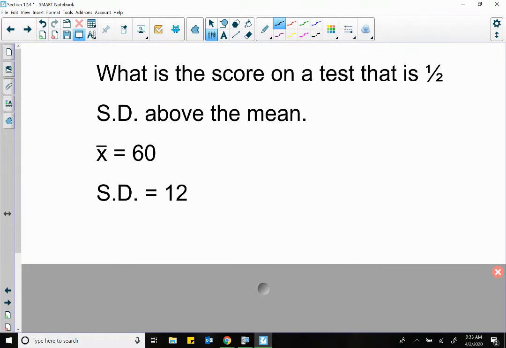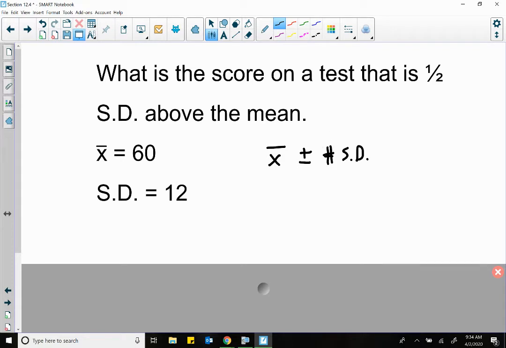So in order to do this, if you want to know what the score is, that is a half standard deviation, what you're going to do is you will take the mean and you will either add or subtract. I'll tell you how you're going to know which one you're going to do. And you'll take the number times the standard deviation that you want to be. So in our case, the number is a half that we're talking about here.